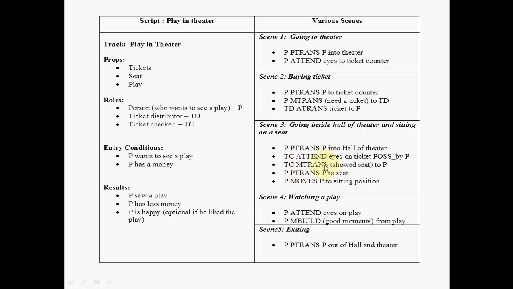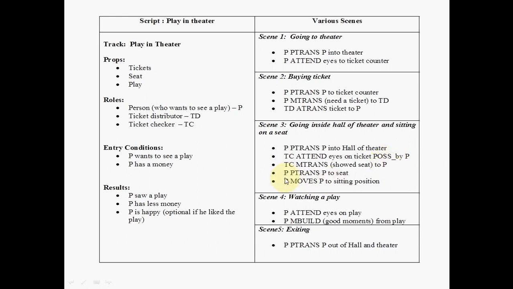What is M-trans? Memory transfer. After seeing the ticket number, he will tell you to go and sit on the showed seat. M-trans showed seat. Some seat that he is going to show, and he'll tell you to go and sit over there.